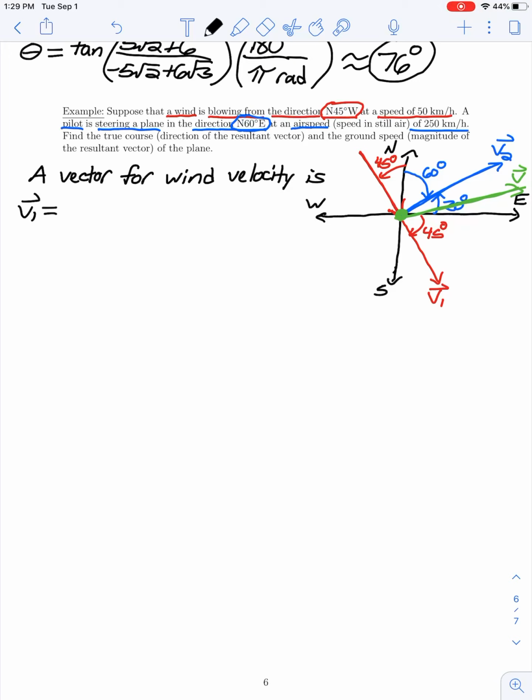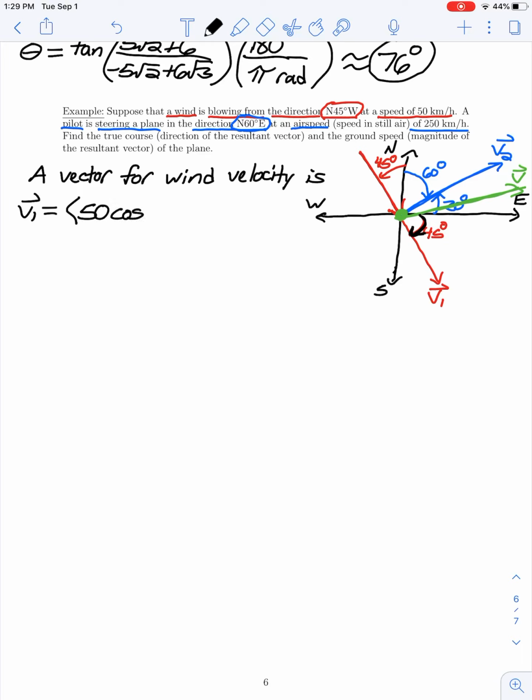And to get V1, let's think about how to do it. We saw in our sketch that the vector V1 formed an angle of 45 degrees from the horizontal, and our vector is pointing into quadrant 4, which means that the x component is positive and the y component is negative. So using what we know about polar coordinates, the magnitude of this vector, which is the wind speed, was 50 kilometers per hour.